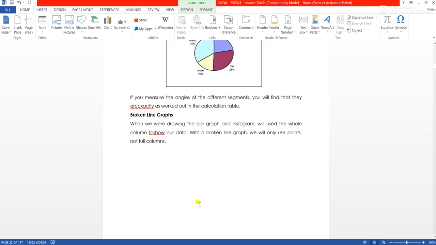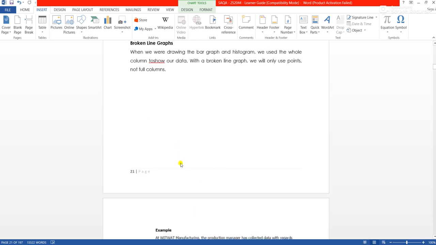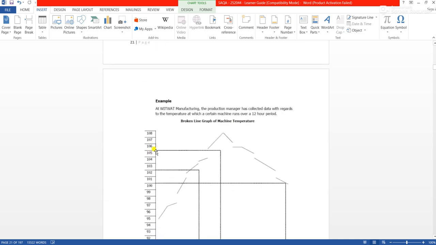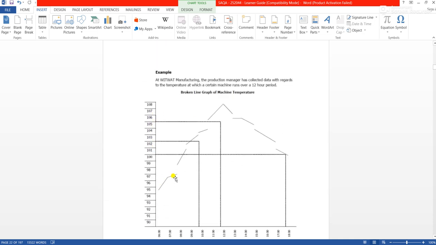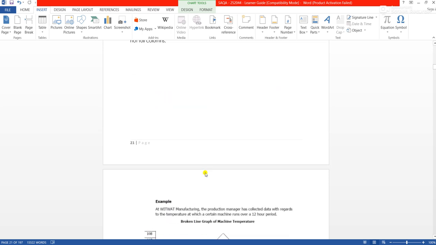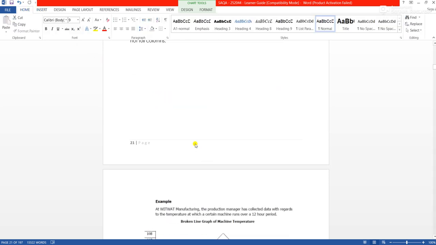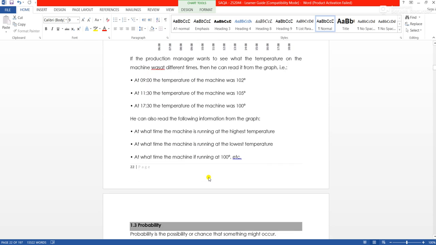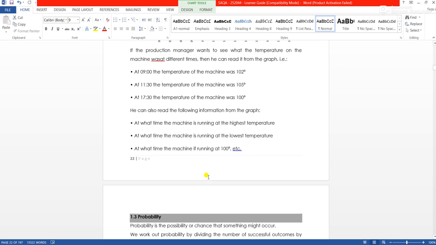By the time you are done, it will represent a broken line graph. So this is just a representation of types of graphs that you normally have within your stats, but there are quite a lot.